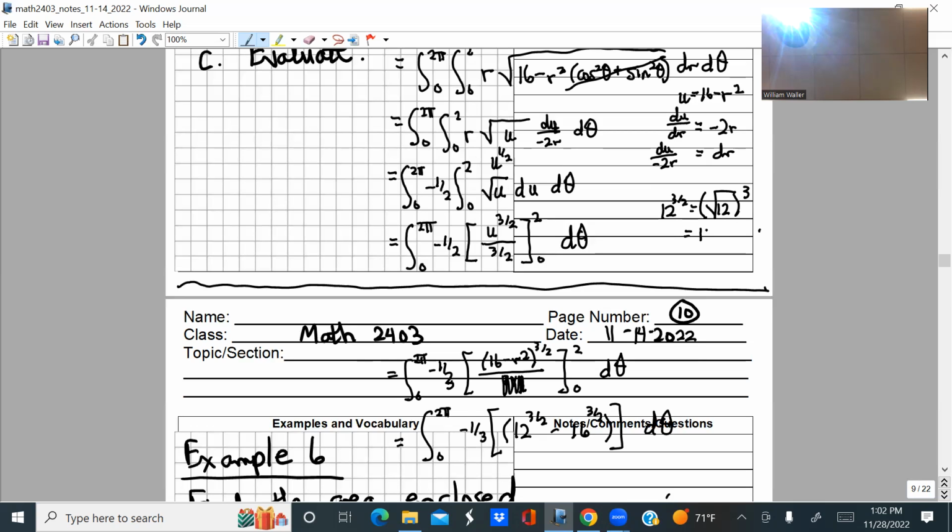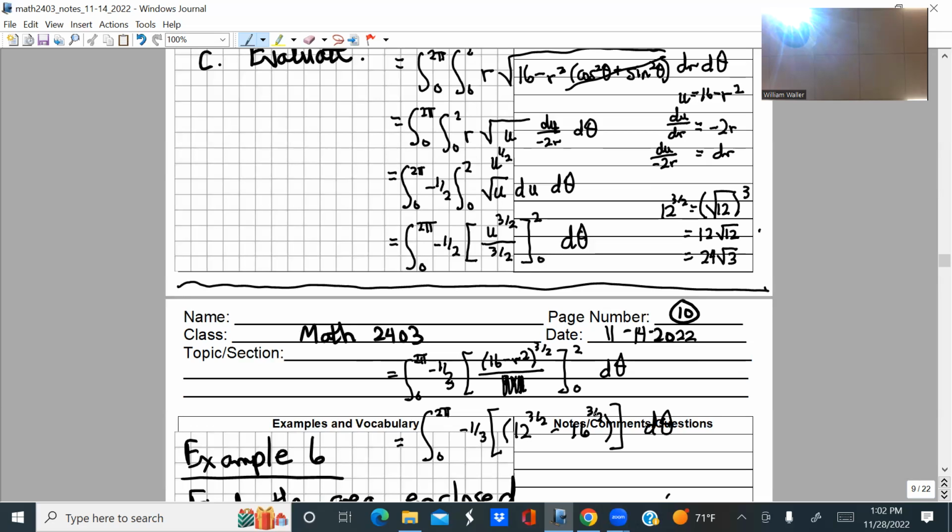So this just comes out to be 12 times the square root of 12, when you cube that. But the square root of 12 can be simplified also because 12 is 4 times 3. So I think you ultimately get here 24 times the square root of 3. Right? 12 is 4 times 3. Square root of 4 is 2. So you can extract a 2 to multiply by the 12 to give 24, but you'll still have the square root of 3 left, right? Okay, so all of this is 24 square root of 3.